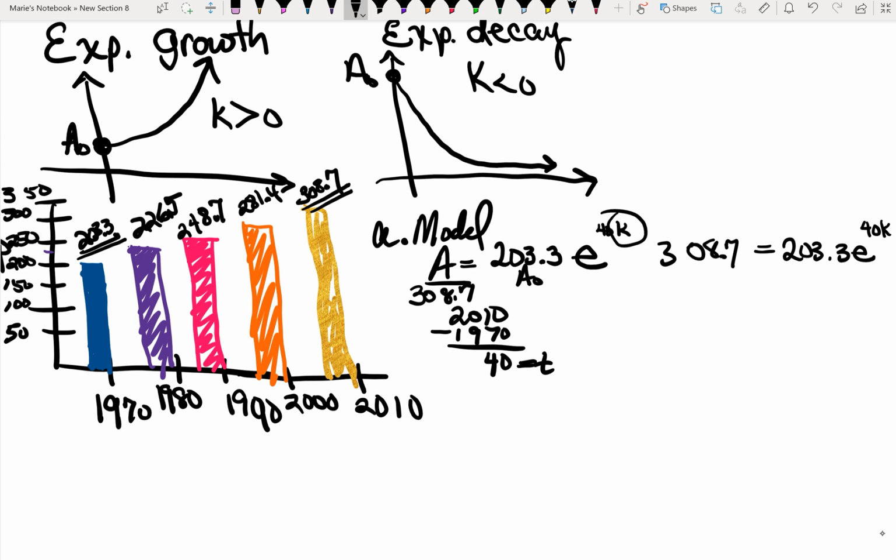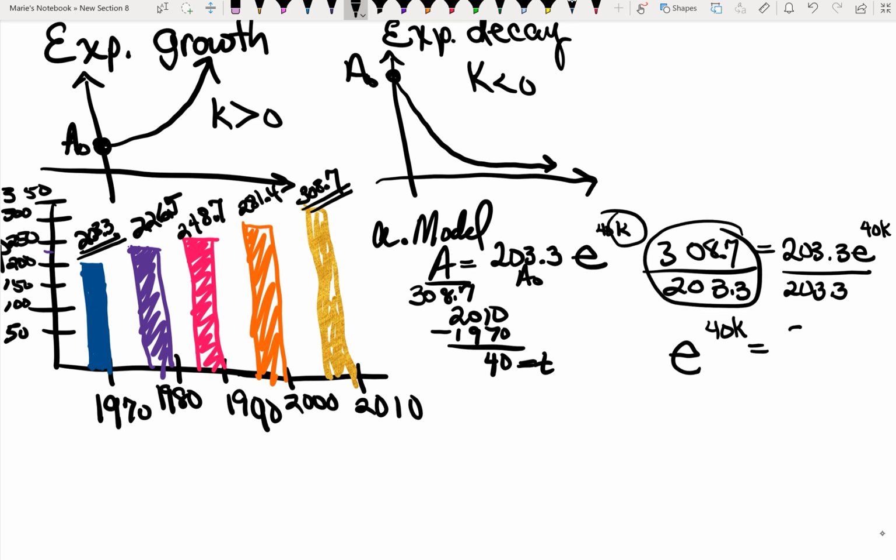We now need to find k. And step 1 would be obviously to divide by 203.3 on both sides. Okay, and so at this stage we have e to the 40k is equal to all of this, which is basically 308.7 divided by 203.3.